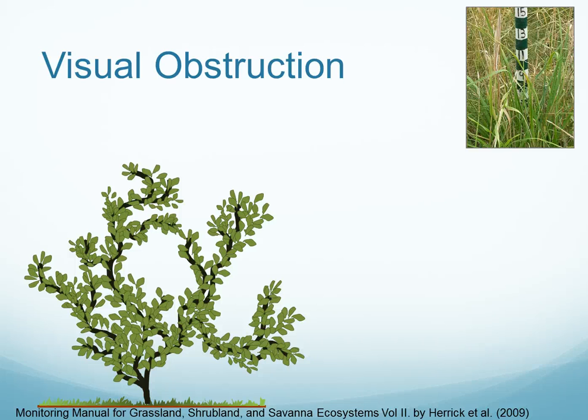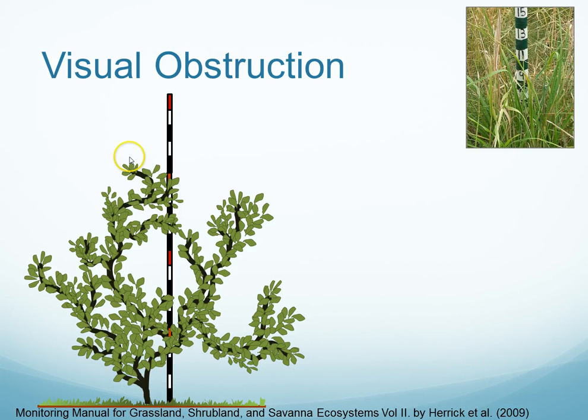So let's take a look at an example of just one protocol. This is a protocol that is described in the monitoring manual by Herrick et al. In this case, we're going to put a cover pole behind this shrub. This cover pole includes 4 segments.